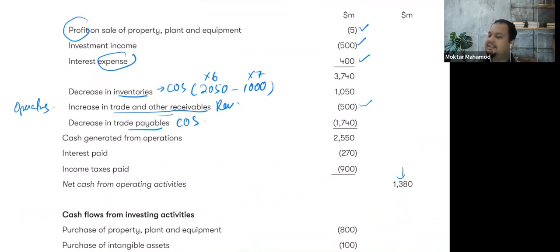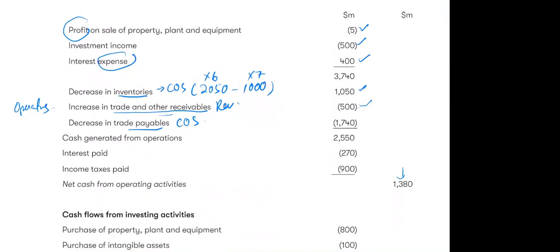Yeah. So, but why is this decrease in inventory a positive figure in the statement of cash flow? So itu yang you kena tahu. Anyone yang masih ingat lagi? Kenapa dia positive figure, decrease in inventory dekat statement of cash flow? Elias, you want to try? Sebab dia decrease.